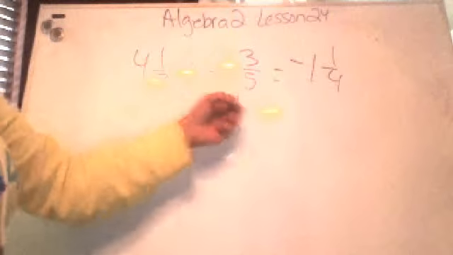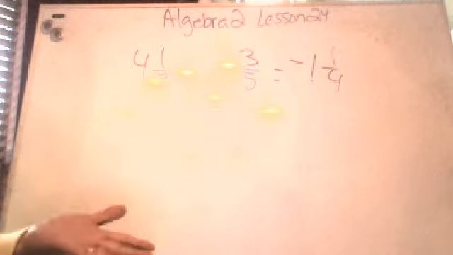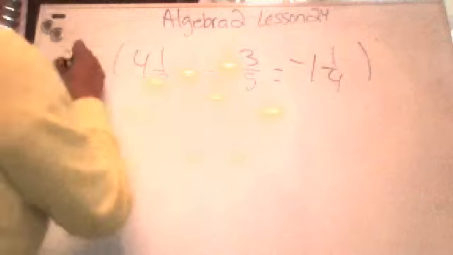So again, if we multiply every term by the same thing, we're not changing anything. So let's look at our denominators. What is the common denominator for 2, 5, and 4? It's 20, right? Well, let's multiply the whole thing by 20 and see what we get.